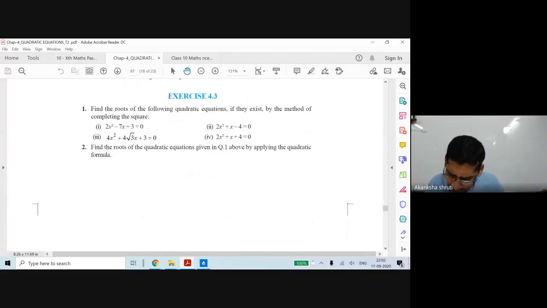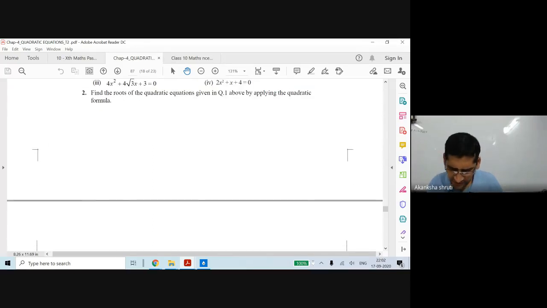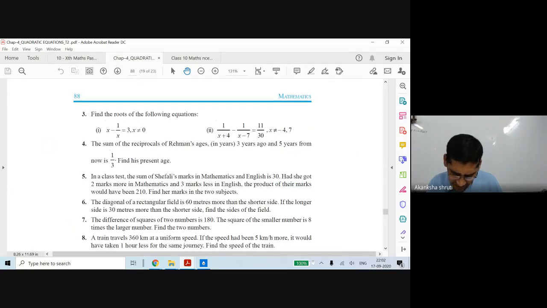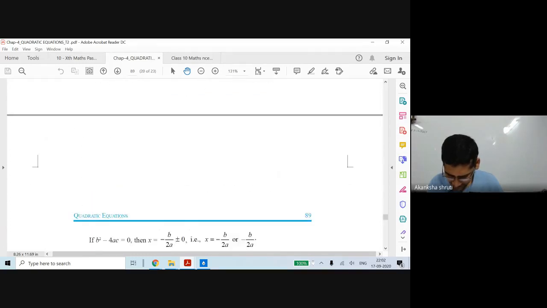So find the roots of the following quadratic equation if they exist. Method of completing the square. No need to do this. Completing the square. Find the roots of the following. Leave it.